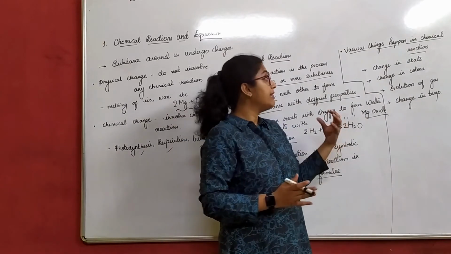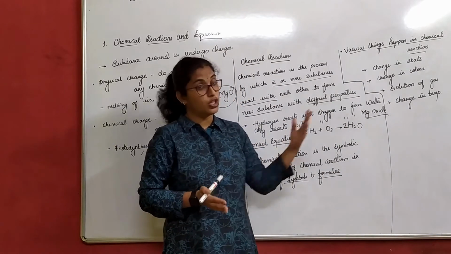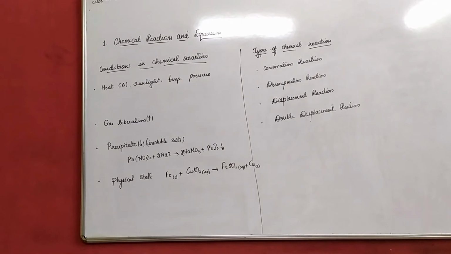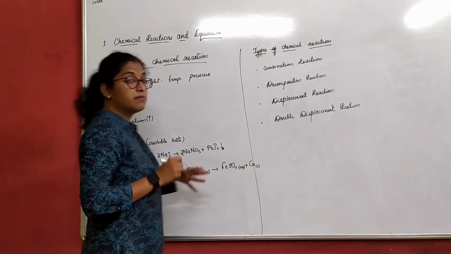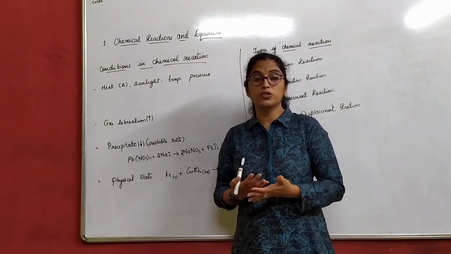Apart from this, there are also certain other things when we talk about chemical reactions. We'll discuss that now. There are some conditions involved in chemical reactions. Now, what are those conditions?